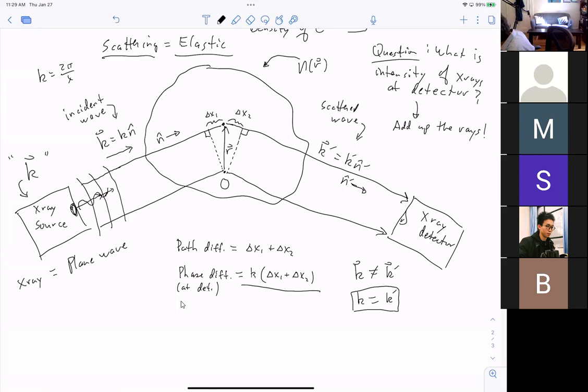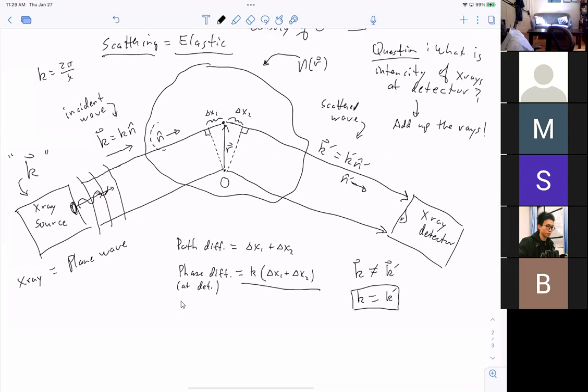So let's look at this delta x1 right up here. I have this direction n hat, and I have this vector r. Here I also have the vector n hat prime going in this direction.